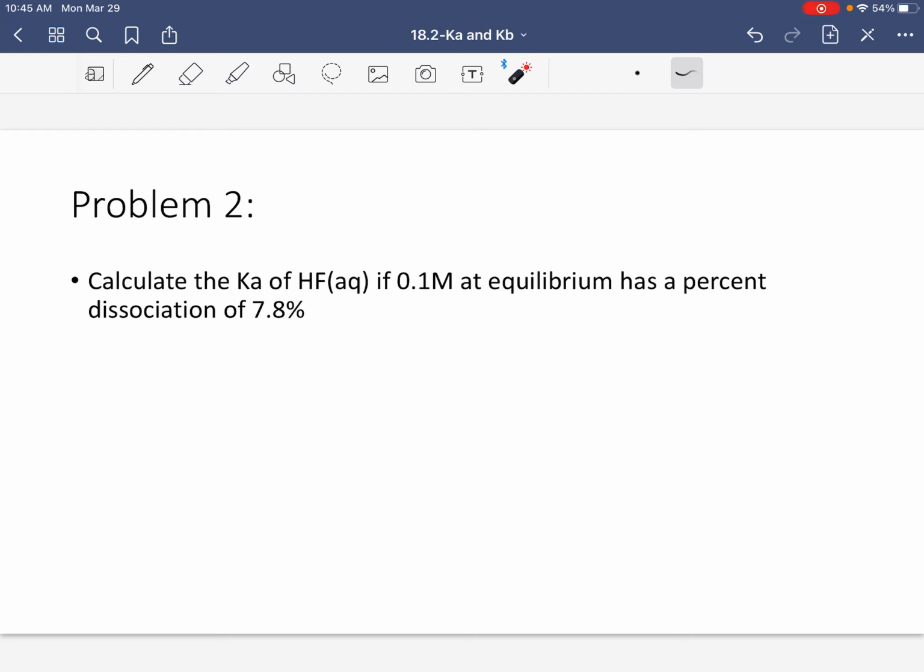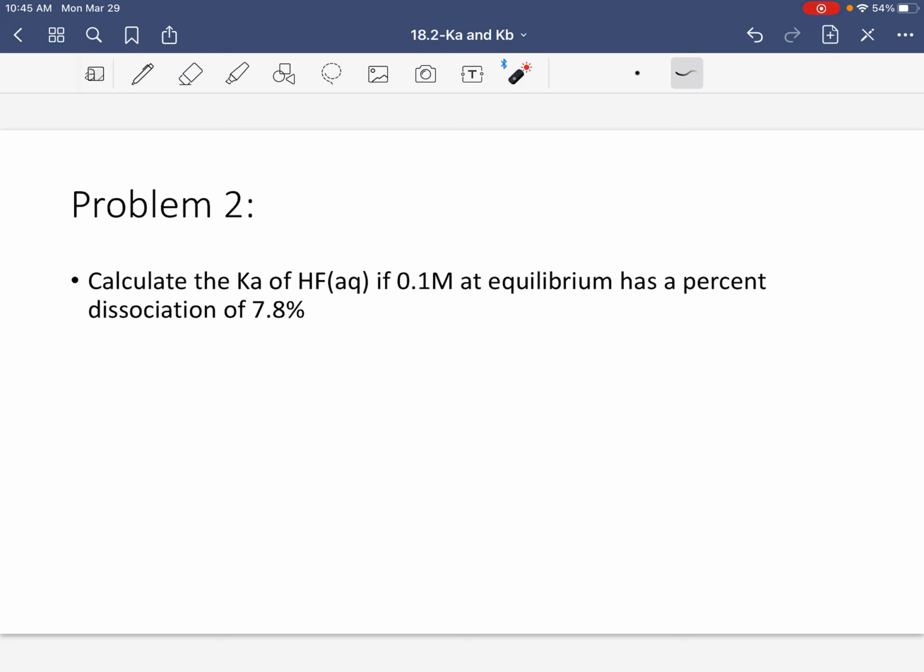In question 1, I gave you pH, so I pretty much gave you the concentration of H at equilibrium. This time, I did not give you the concentration of H at equilibrium, but what I did give you is the change, if you think about it, the dissociation percentage. Isn't this the change?